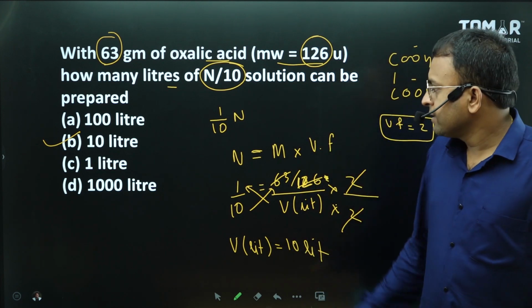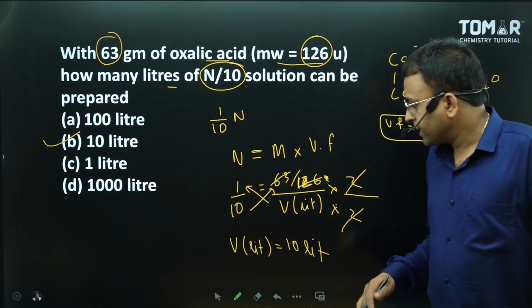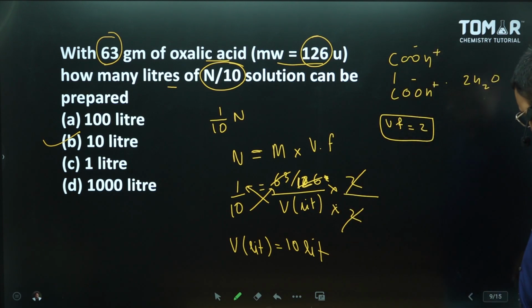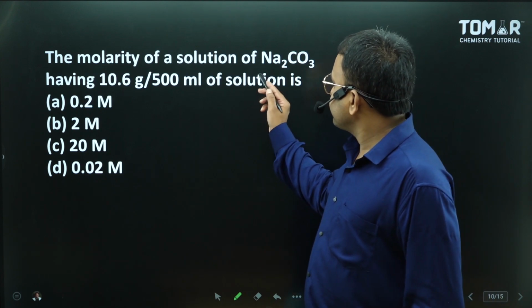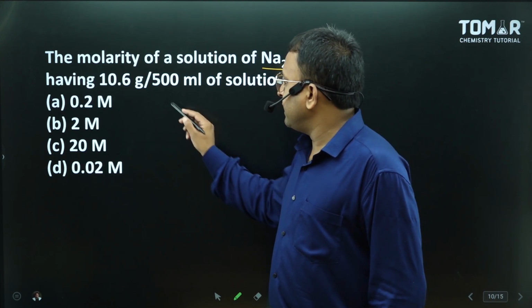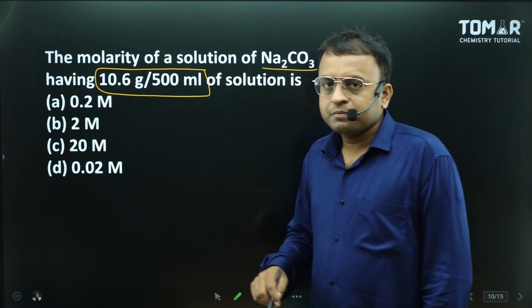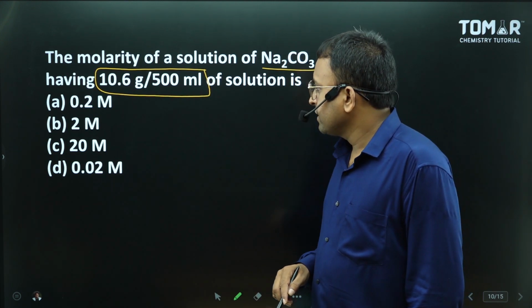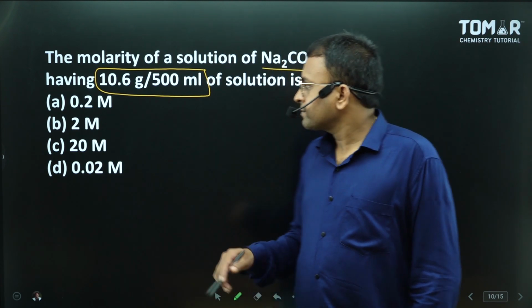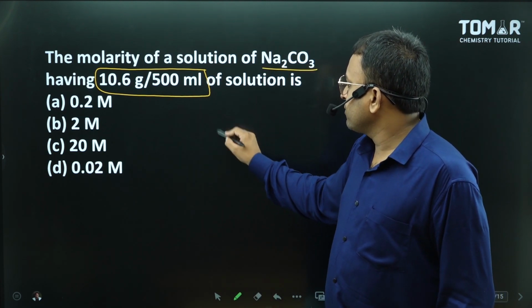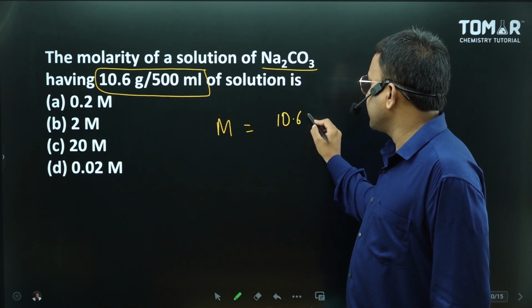Just write the formula, the expanded formula with weight, molecular weight, and put the values. The molarity of solution of Na2CO3 having 10.6 gram per 500 ml. This is a way to express concentration. Now we have to find molarity.